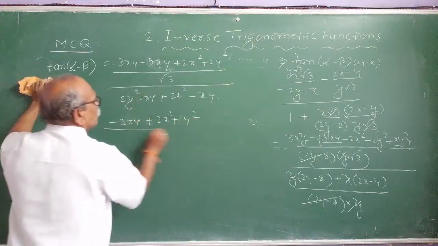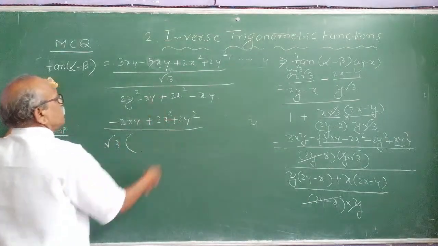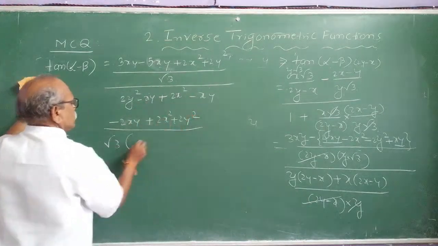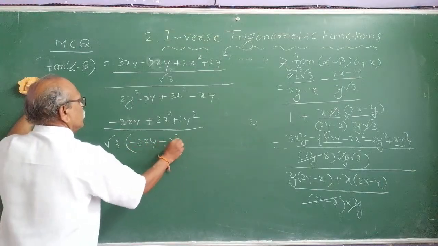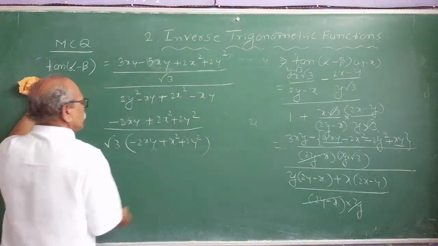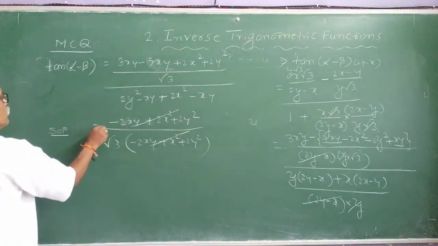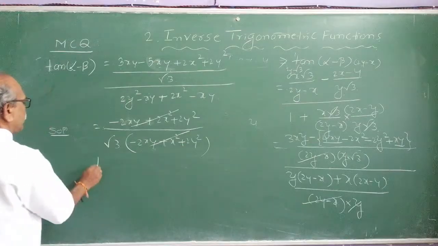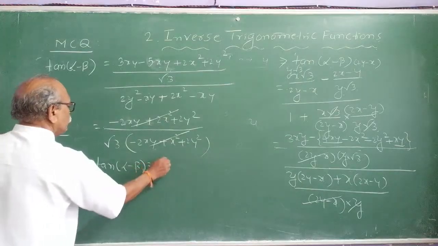This whole divided by root 3, the denominator goes to the numerator, you are left with, arrange them. Minus 2xy plus 2x square plus 2y square. Observe, minus 2xy plus 2x square plus 2y square, these will get cancelled. Now you are left with tan of alpha minus beta is equal to root 3.